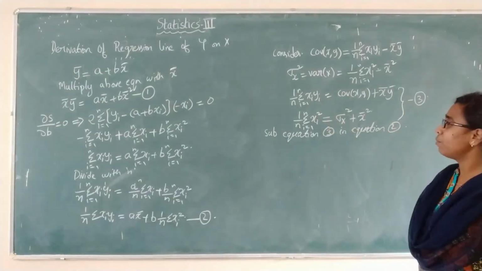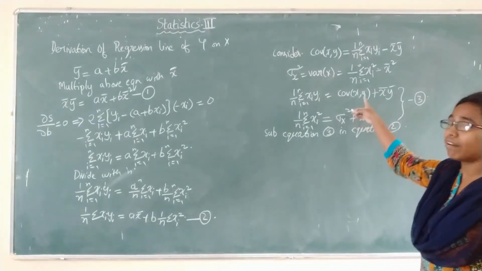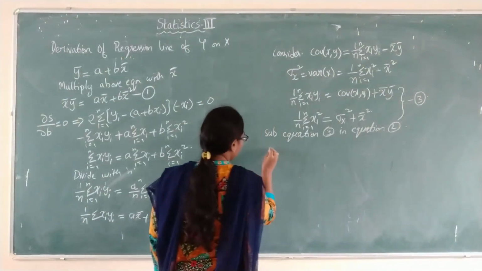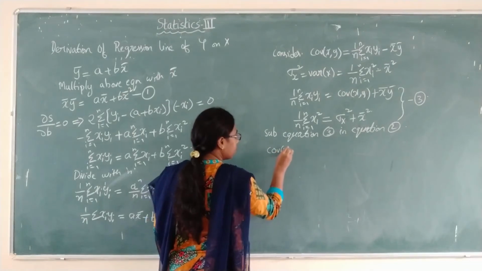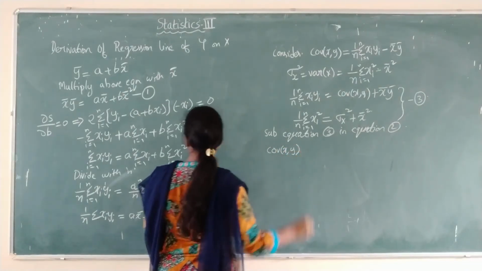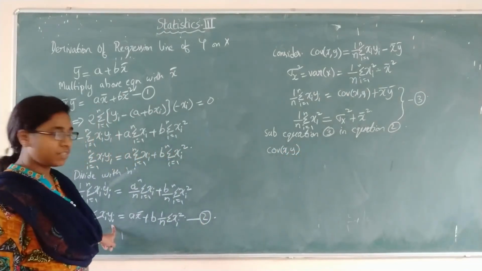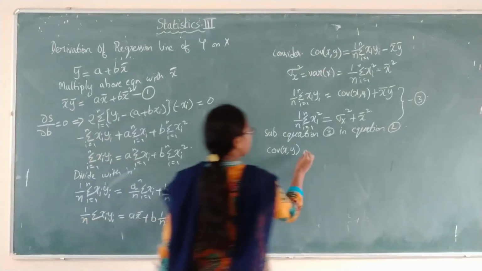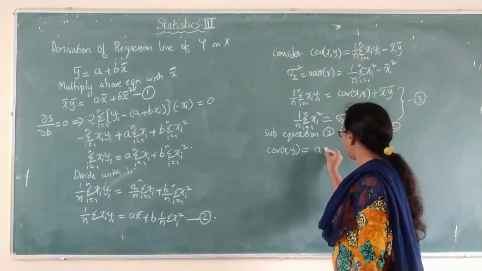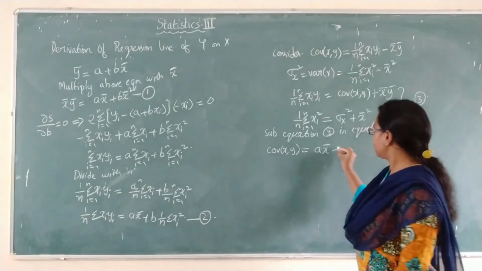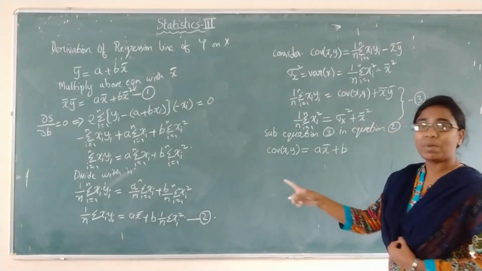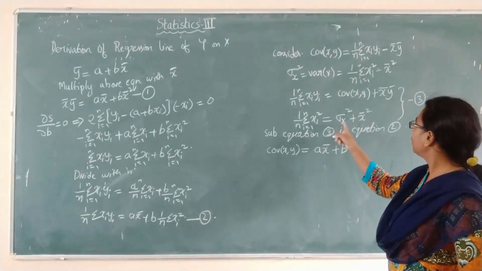In place of 1 by n summation xi yi, I can write covariance of x comma y plus x bar y bar. So the left hand side is finished, equals a into x bar as it is plus b into the value of 1 by n summation xi square, which is this one.